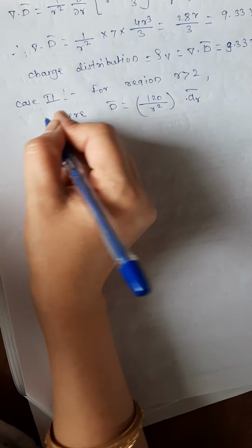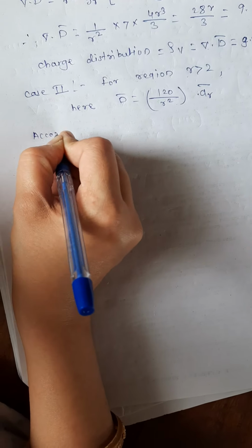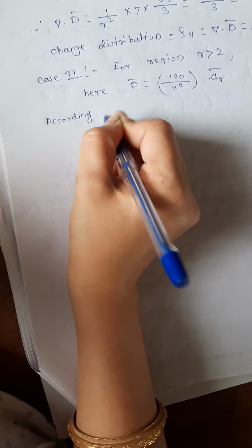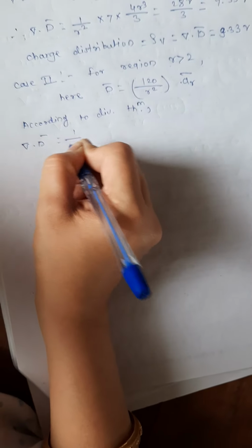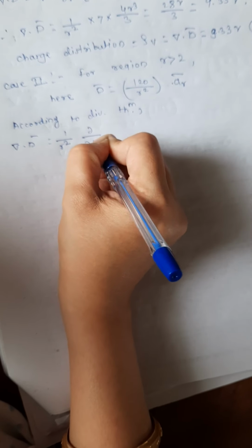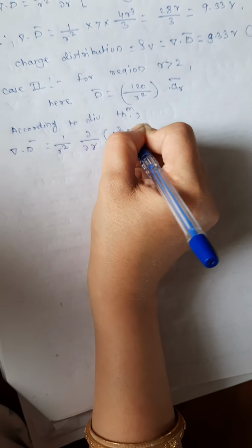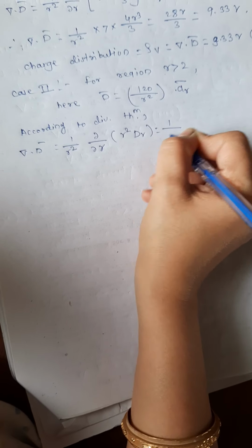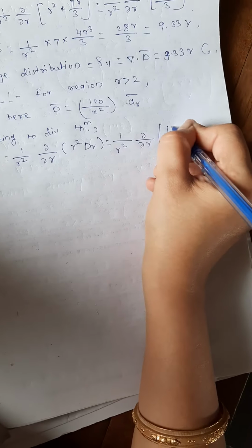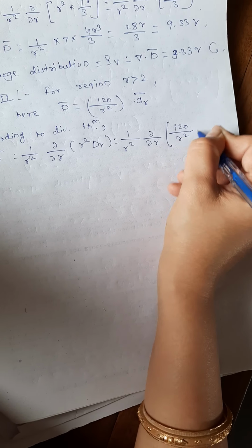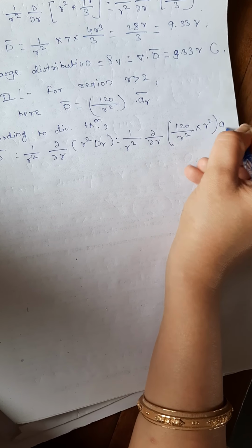Now according to the divergence theorem, del dot D bar is equal to 1 by r square d by dr of r square Dr. Substitute the value here, it is 120 by r square into ar bar.